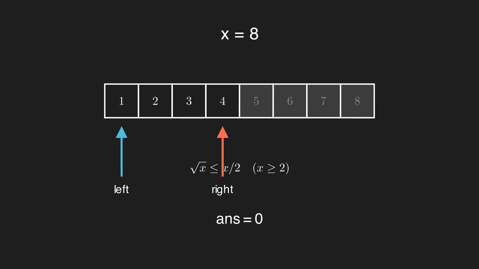Mathematically, for any integer x greater than or equal to 2, its square root will never exceed half of x. Therefore, as a clever optimization, we can set our right pointer to x integer divided by 2. For x equals 8, x divided by 2 is 4. Our initial search space is strictly between left equals 1 and right equals 4.